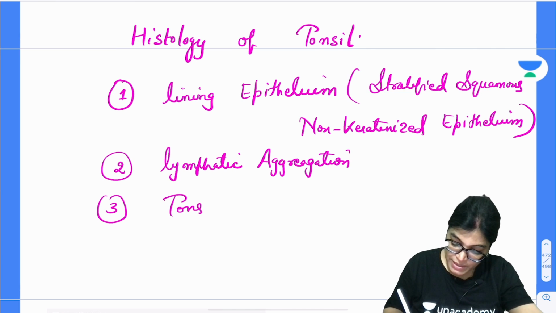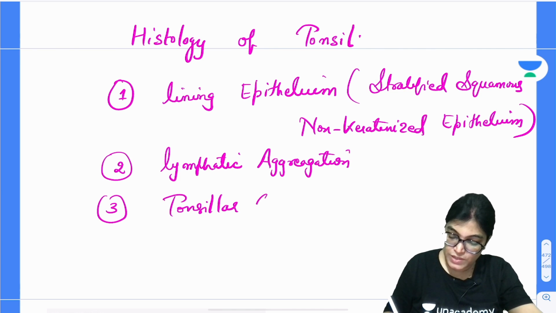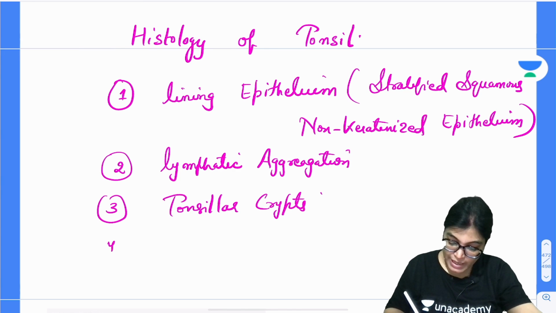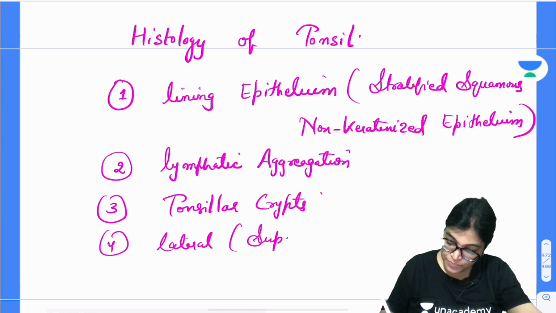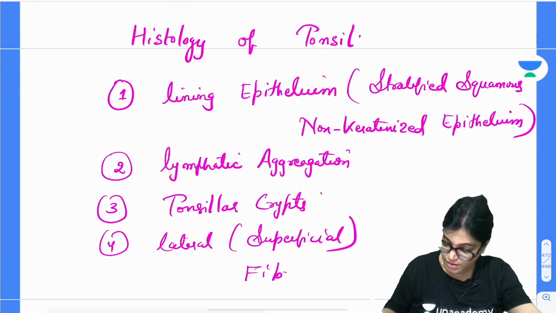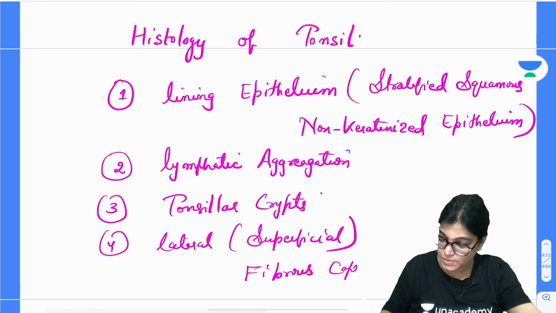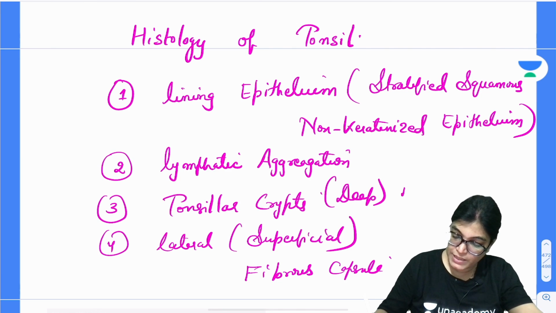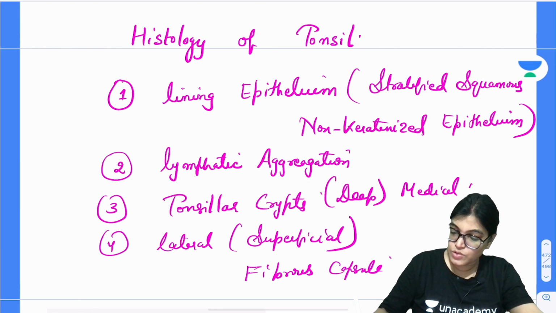Tonsillar crypt. On the medial aspect there is a deep trench called the tonsillar crypt. On the outer, lateral or superficial aspect, it has a fibrous capsule, but on the medial aspect it has deep tonsillar crypts. So these are the features.